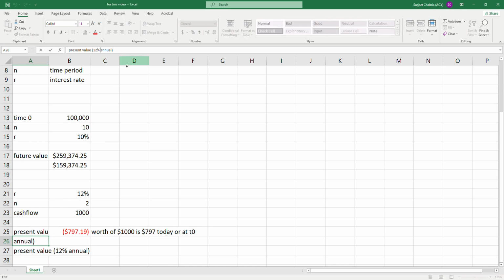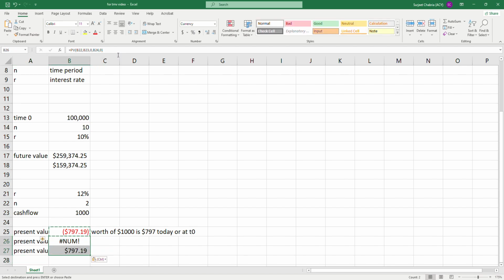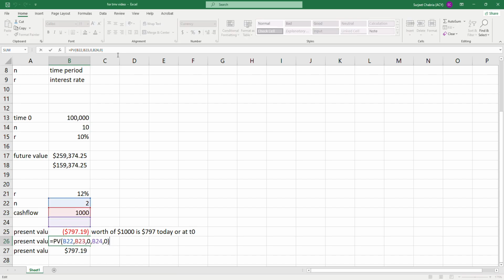Right, so similarly, if I have to do present value for different options, A, B, and C, where this is semi-annual, and then this one is daily, all I need to do is basically just play with the formula. So I can copy paste the formula here, and then just make sure that the cells that I pick are right.